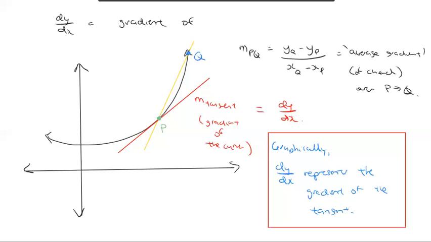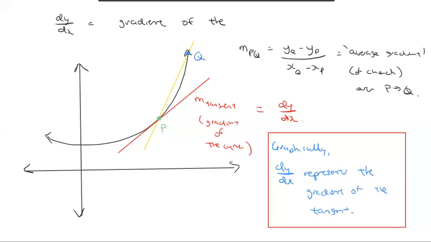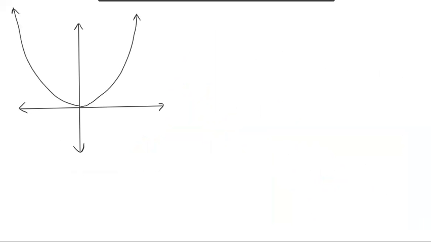So this is the gradient of the tangent. So let us take an example. Now let's start with something quite simple, like y equals x squared, which looks more or less like this. And you also know that it's got some point, let's say (2, 4).